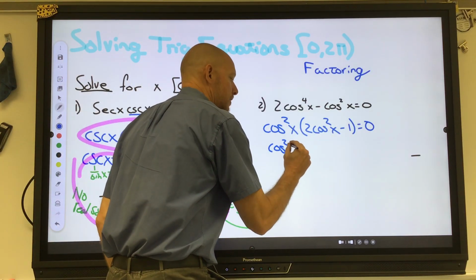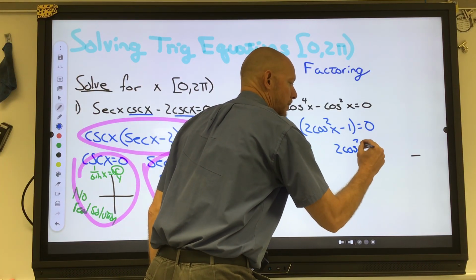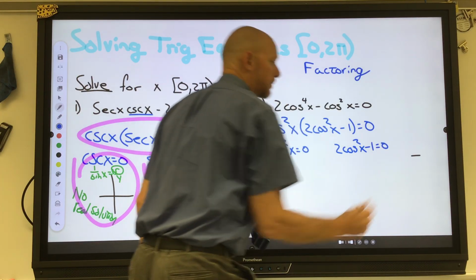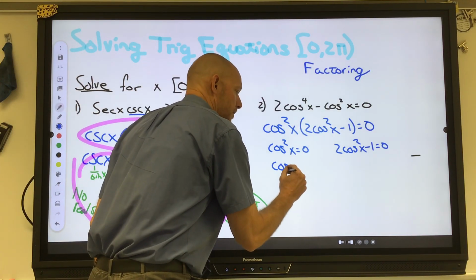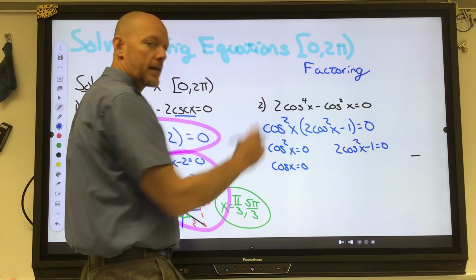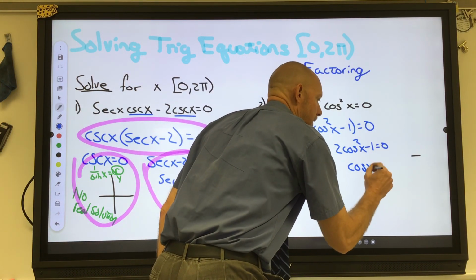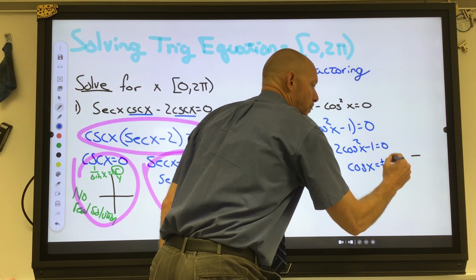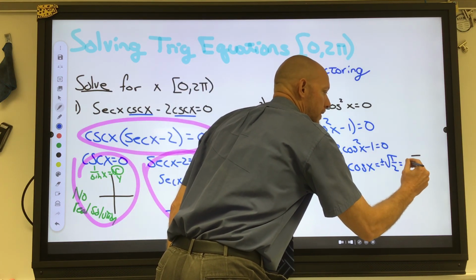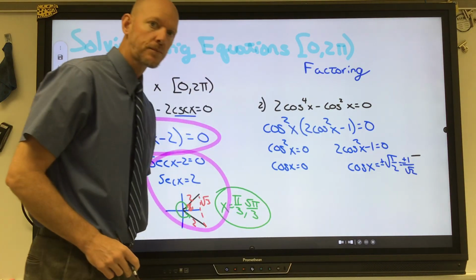I get cosine squared x equals 0, and I get 2 cosine squared x minus 1 equals 0. The first simply tells me that I'm going to end up with cosine x equals 0 upon taking the square root of both sides. In the second scenario, cosine x is going to be plus or minus the square root of 1/2, or in other words, plus or minus 1 over the square root of 2.